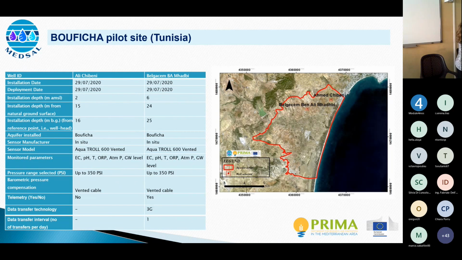The two sensors were installed on the same day in both wells, 29 July 2020. In the Ahmed Shibani well, the sensor was installed under a depth of 2 meters, near the sea, to help us control the phenomenon of seawater intrusion.